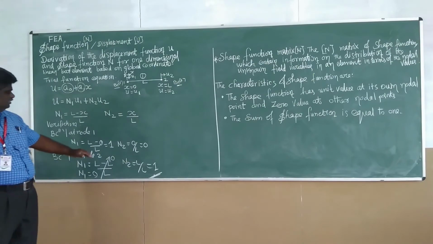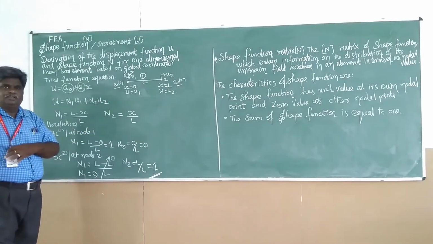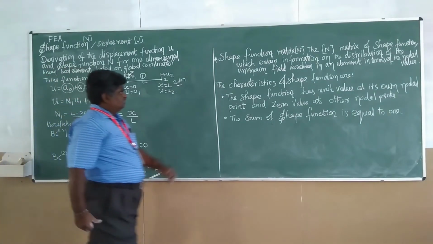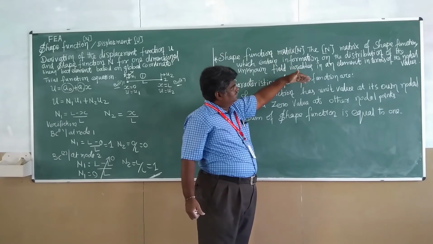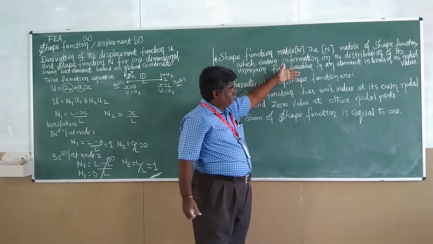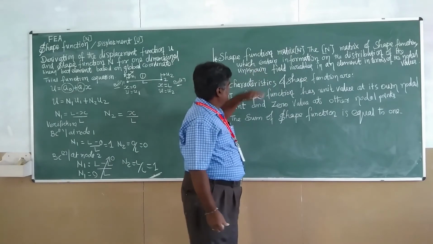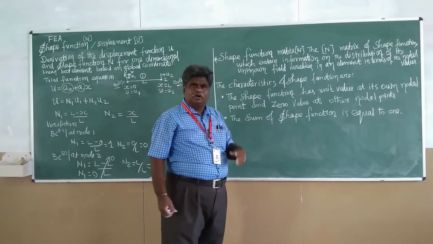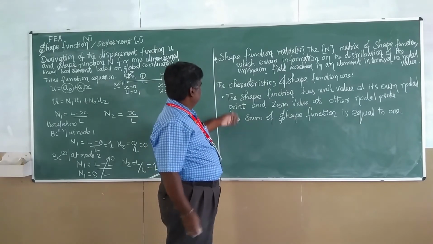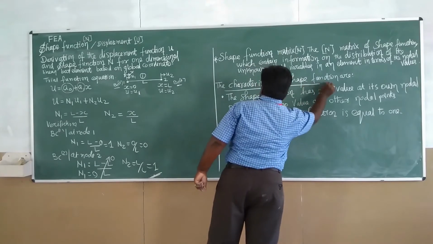From that, we can summarize the characteristics of the shape function. The shape function matrix N contains information on the distribution of the unknown field variable in an element in terms of the nodal values. What is the characteristic of the shape function?